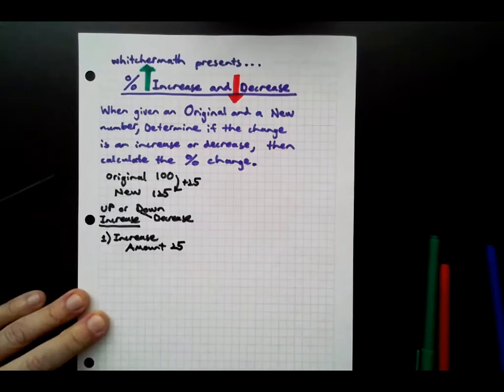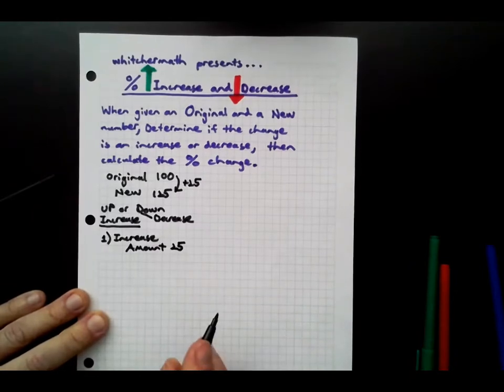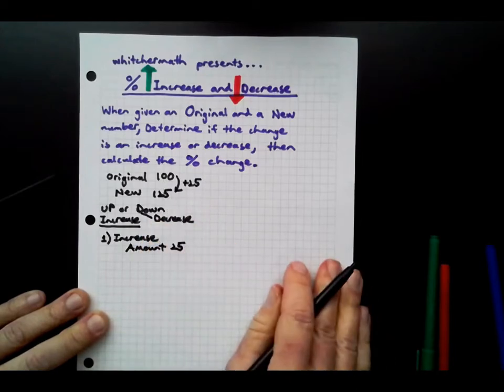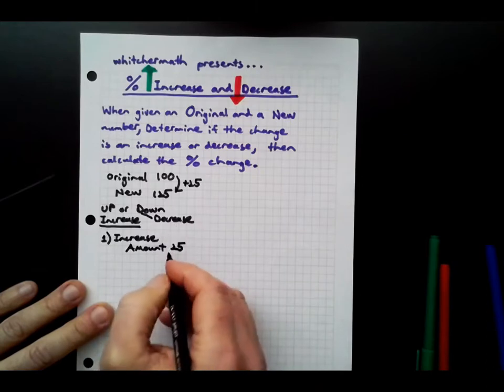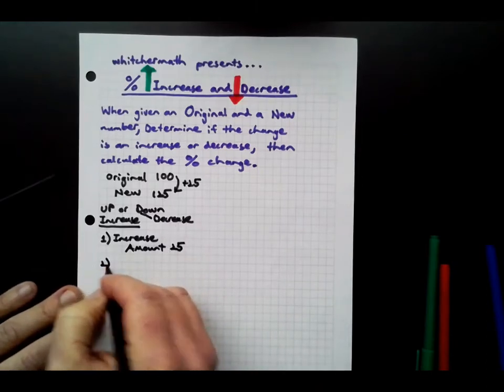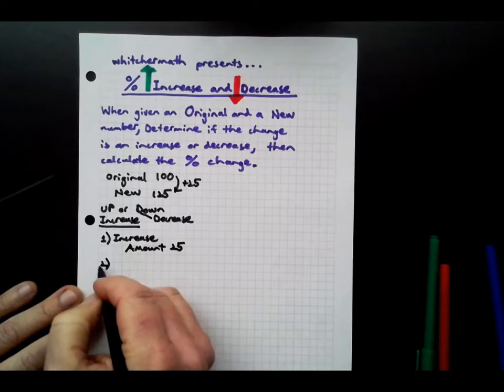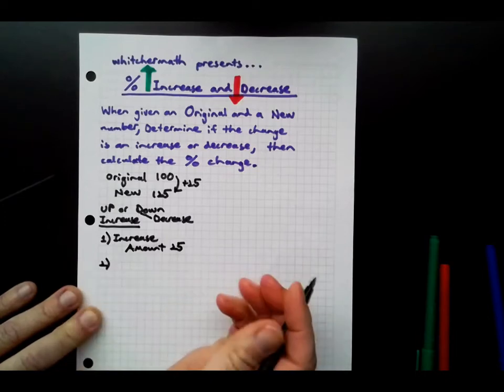I know these are all simple numbers and I'm sure you already know the answer, but we're trying to use simple numbers to teach a simple concept so that when the numbers aren't so simple, you can trust the procedure that we're going to learn today.